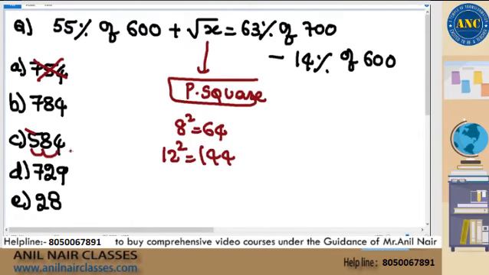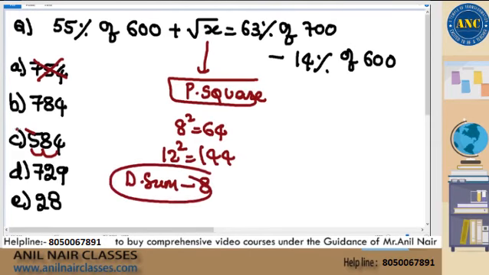What is the digital sum of a perfect square? 5 plus 8 is 13, 13 plus 4 is 17, so what is the digital sum here? 8. A perfect square will have digital sum 1, 4, 7 or 9. This is eliminated. A perfect square never ends with 2, 3, 7 or 8.